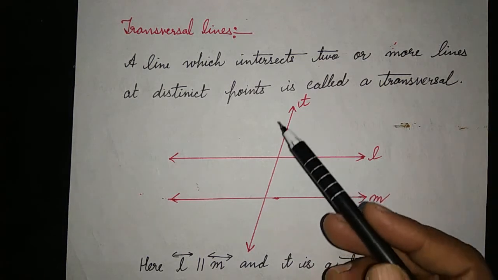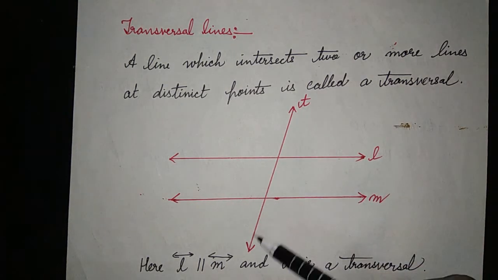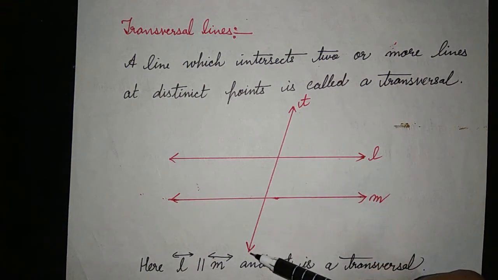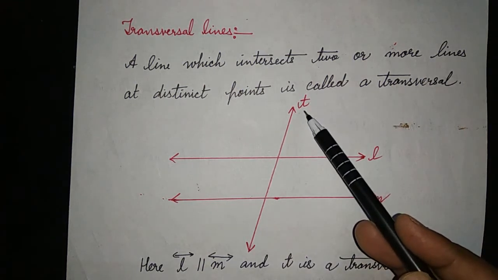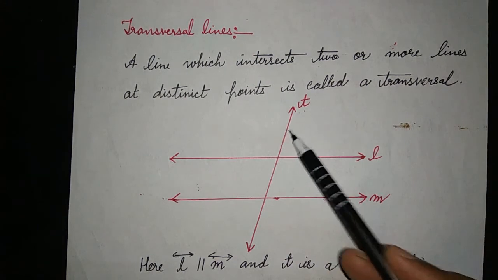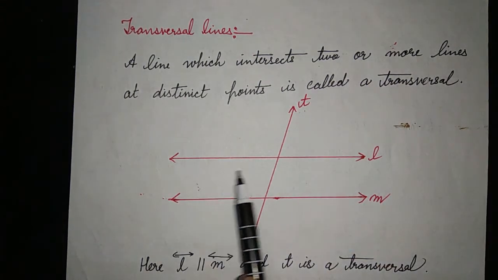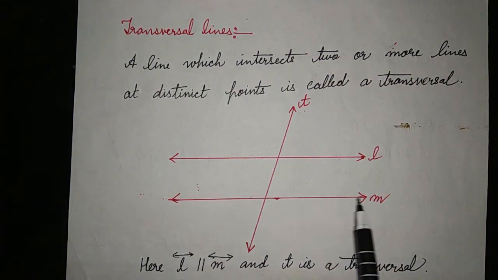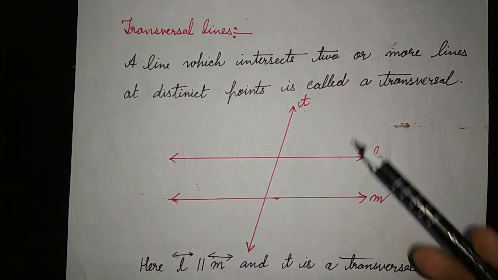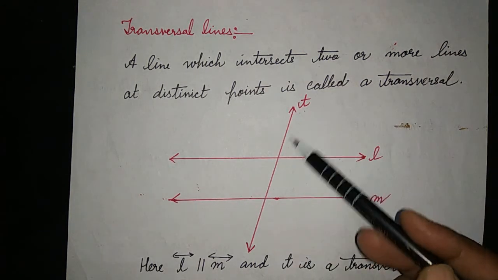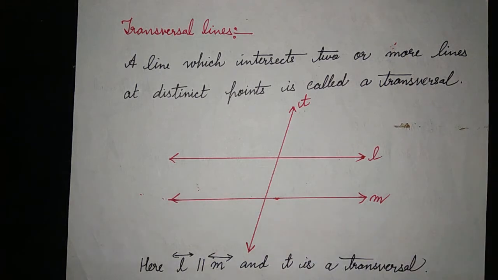So what is the transversal here? The transversal line is line T. So here you can see that line L is parallel to line M and T is a transversal line.